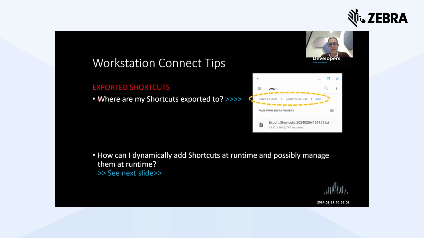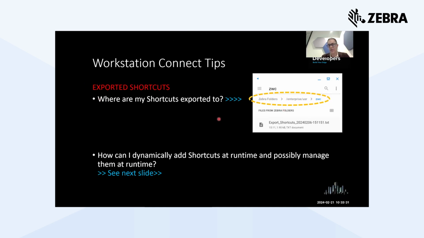About the dynamic shortcuts, how to work with this feature. First of all, you need to create manually, on a first configuration, the shortcuts that you want to be shown and set by your application. To do that, create the shortcut on the screen and export them.